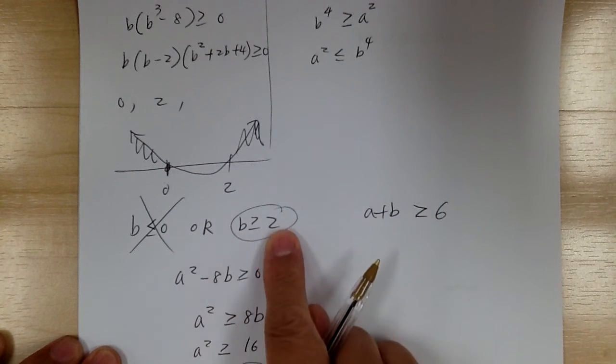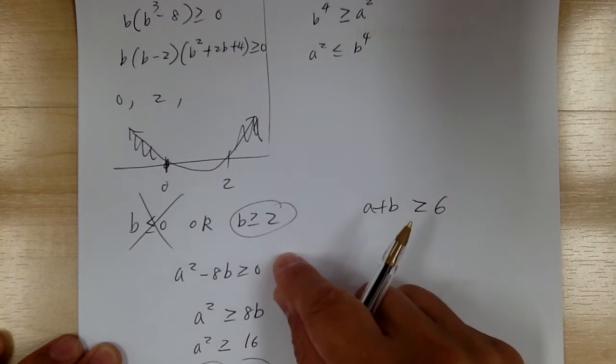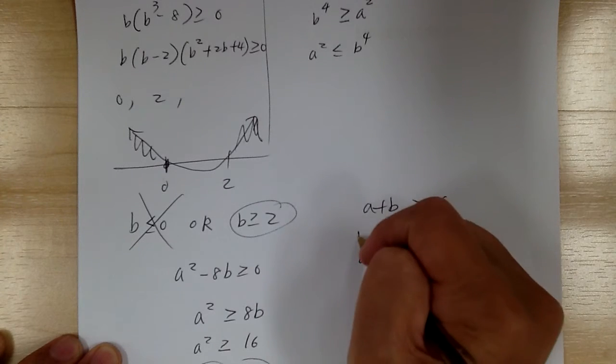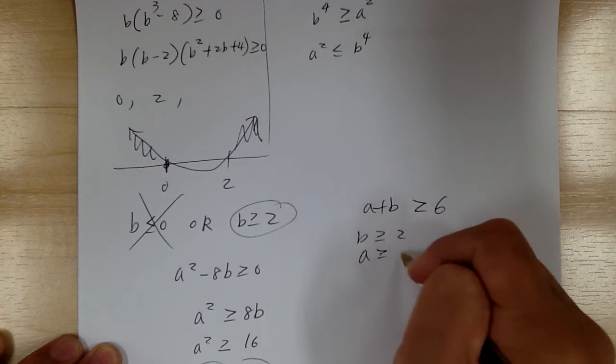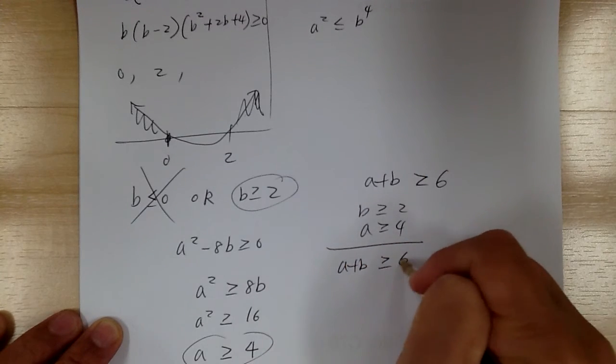Because again, b is greater than or equal to 2, a is greater than or equal to 4. So when you add, a plus b will be greater than or equal to 6.